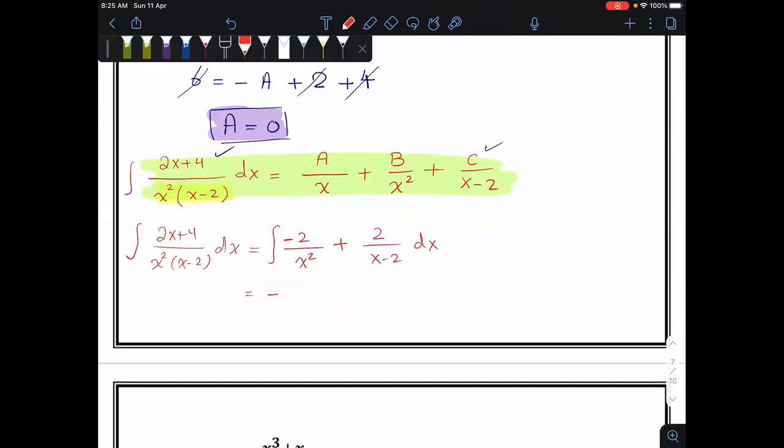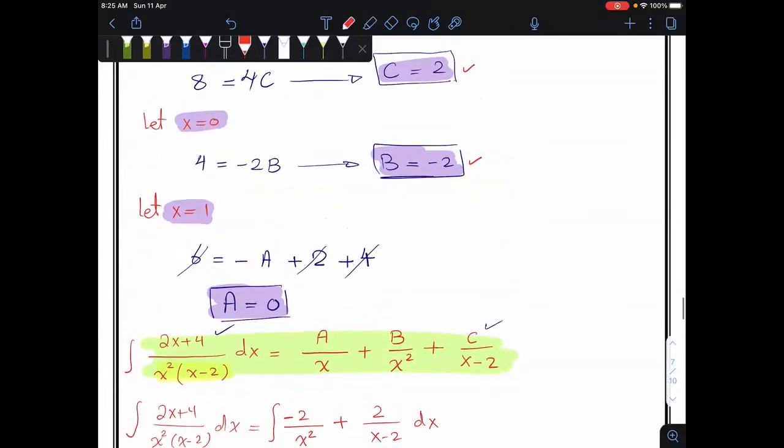Negative 2 over x integrates to positive 2 over x. And then 2 over x minus 2 is 2 ln of the absolute value of x minus 2, plus C. So this is your final answer.